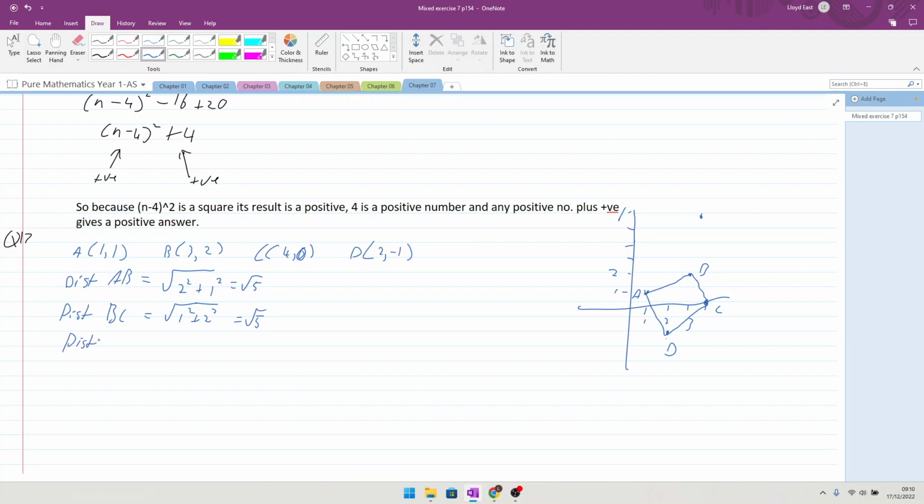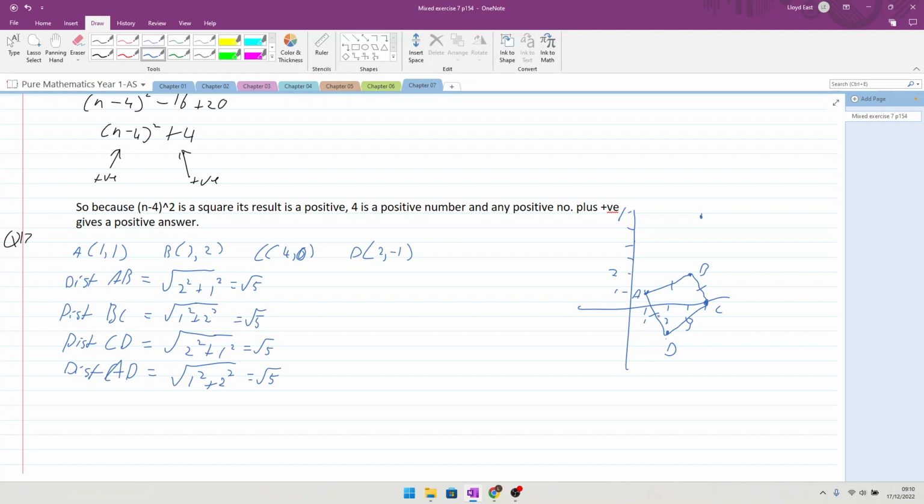The distance of CD is from 4 to 2, 2 squared, plus 0 to minus 1, 1 squared. So again, root 5. And then finally the distance of AD. 1 to 2 is 1 squared, and then 1 to minus 1 is a difference of 2. So again, root 5. So they are all the same length, at least.